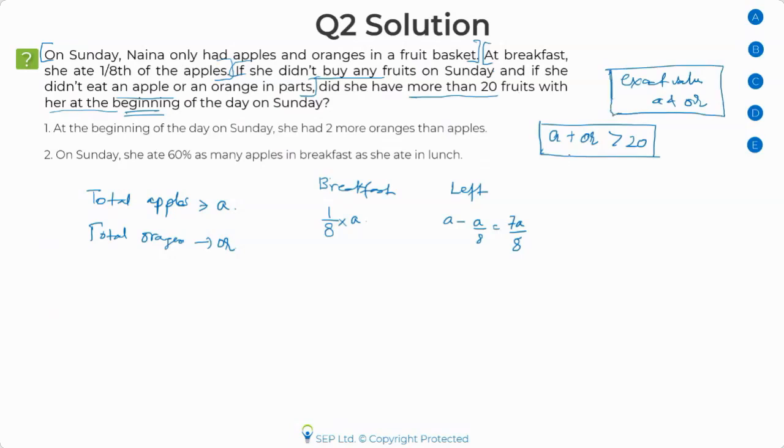The question is not asking you the exact value of A or OR. They are not asking you the exact number of apples or oranges she had on Sunday. The question is simply asking about more or less, right? Did she have more than 20 or not? I simply need to answer yes, she had more than 20, or no, she did not. I am not looking for an exact answer.